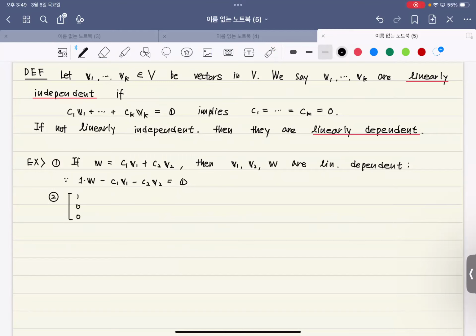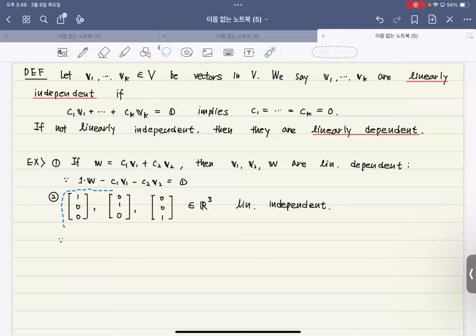What about the standard unit vectors? These three must be linearly independent. Why is that?